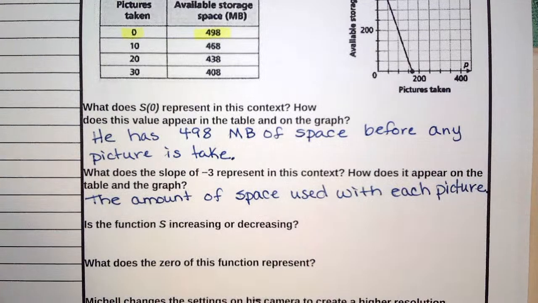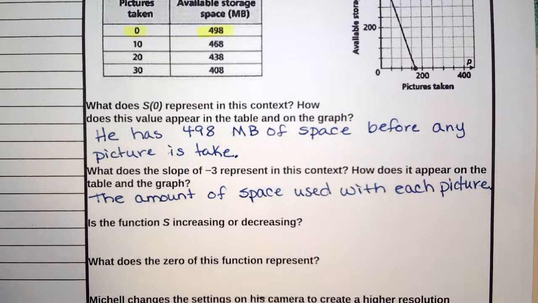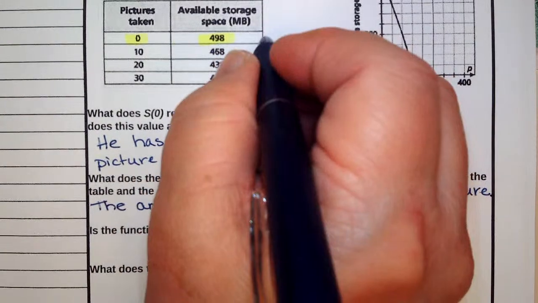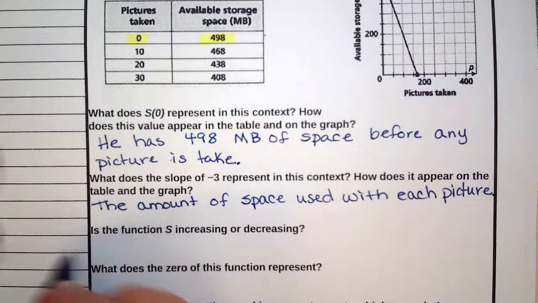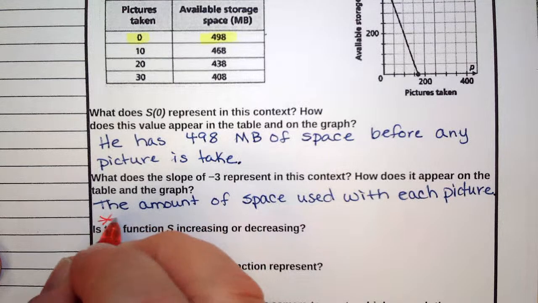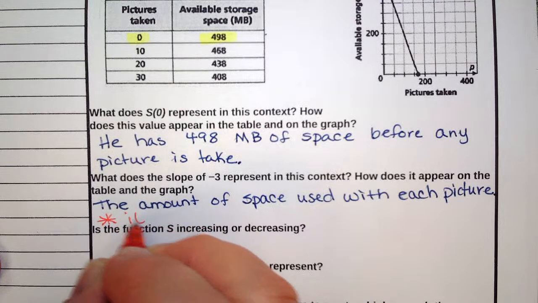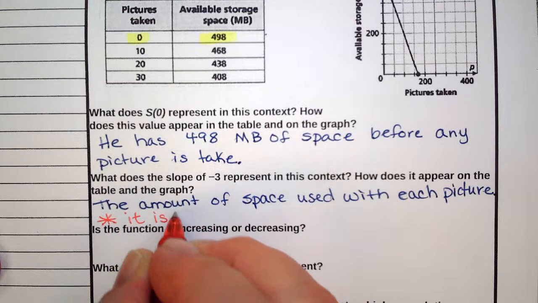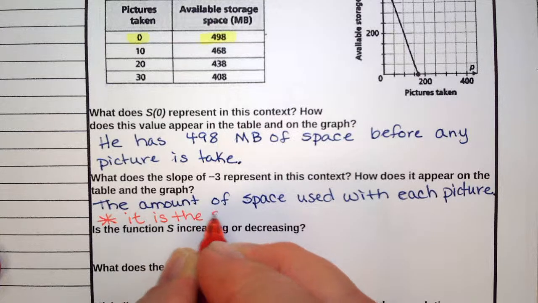Okay, now, how do we find it? Well, if I'm looking at this, this is your slope. So for the table and the graph, it's the slope.